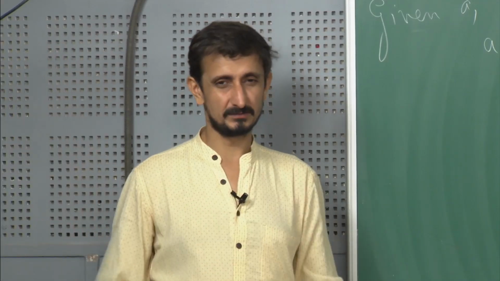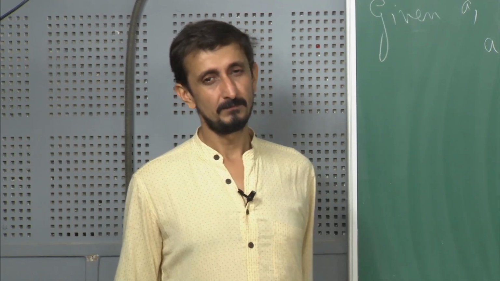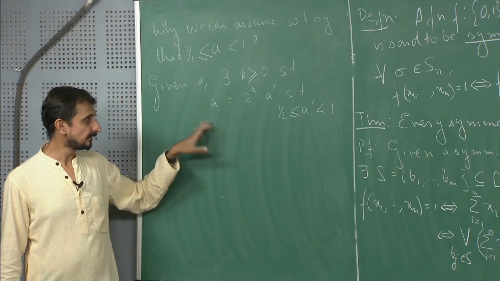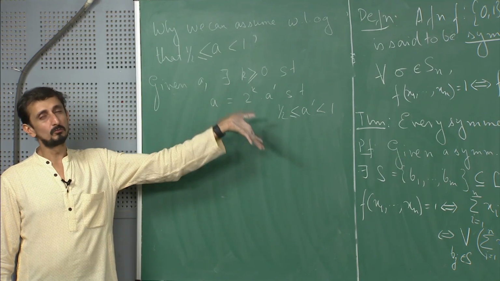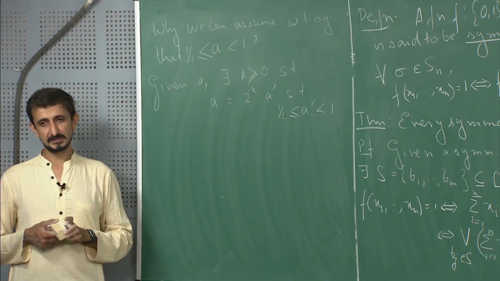And if it is less than enough, then you multiply it with 2 to get it between this, the same argument.